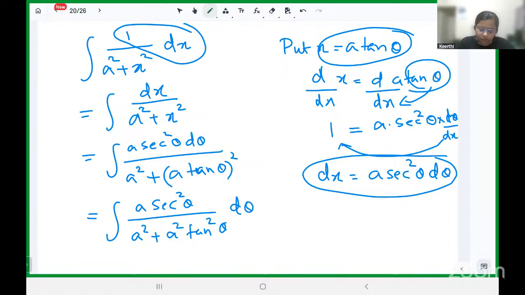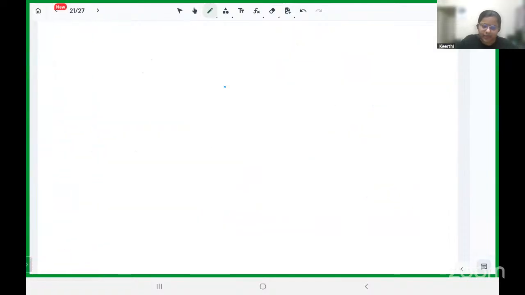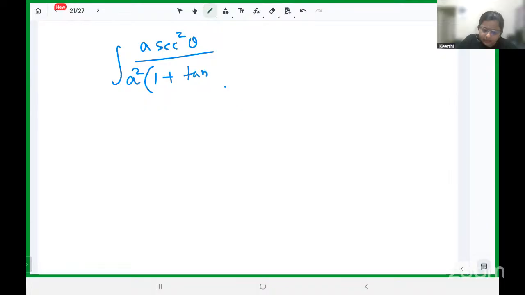Now we can take that a square from the denominator outside. So this will become a sec square theta divided by a square into 1 plus tan square theta, d theta. What is 1 plus tan square theta? It is nothing but sec square theta.